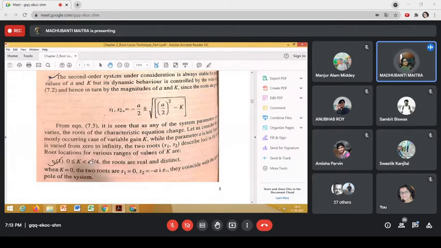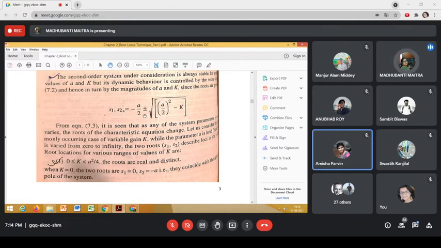So you see the response of the system is varying with the value of gain K. And it's also obvious that if gain K is greater than a square by 4, then we'll get a complex conjugate root pair, isn't it?